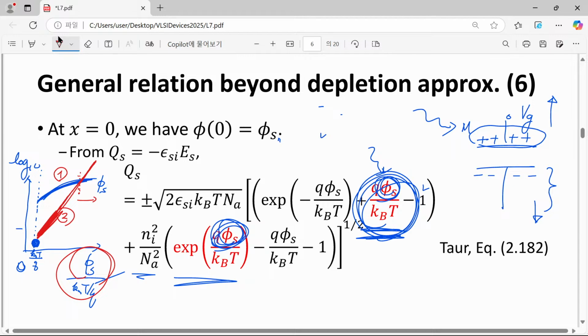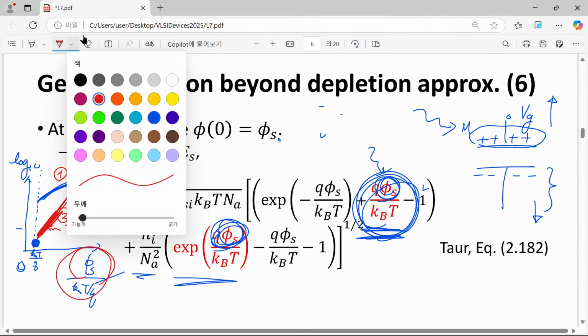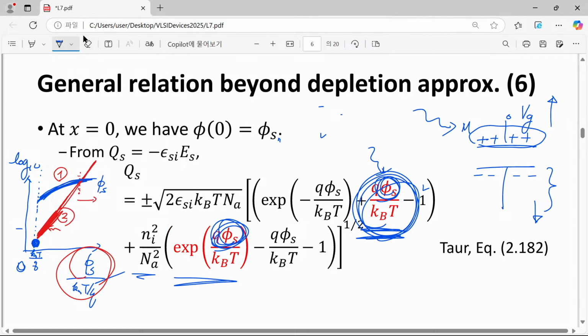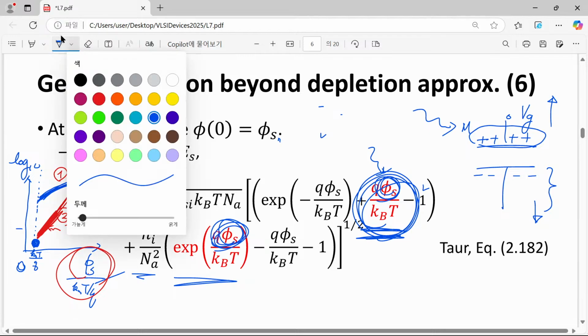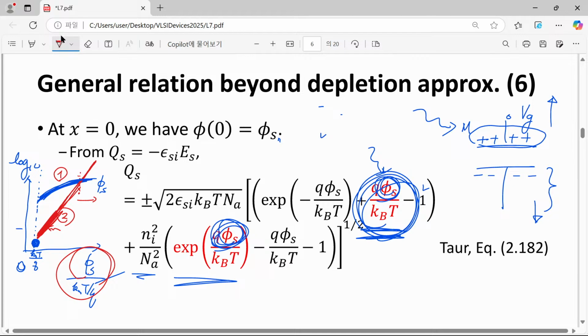Although not clearly visible in this case because it is masked by our depletion charge, there is an exponentially growing term with respect to the electron density, and eventually at a certain point it will become overwhelmingly important in the overall charge contribution. So two different mechanisms to generate negative charges are reflected in these equations. Okay, do you have any question?